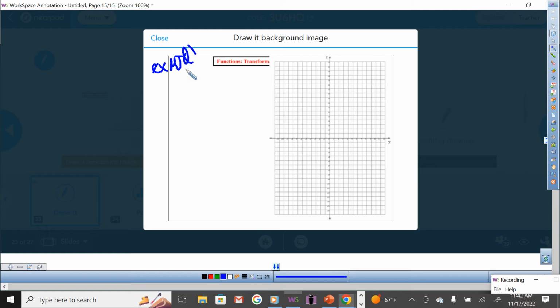All right, so let's see. Without a table, graph me f of x equals x squared. I'm not even going to give you a domain. 30 seconds. You're doing it on paper right now first. Make sure you label it f of x.